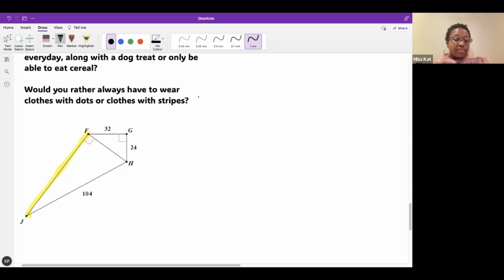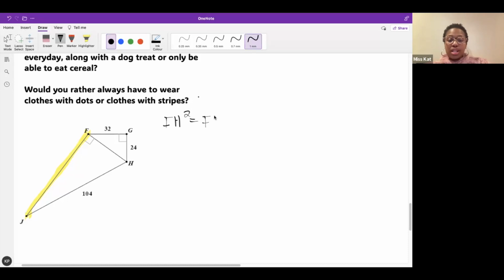So to calculate JF, we first have to figure out FH. So FH squared equals FG squared plus GH squared. Wait, are you doing the big triangle? I'm doing the small one first, ma'am, because we can't do the big one first.